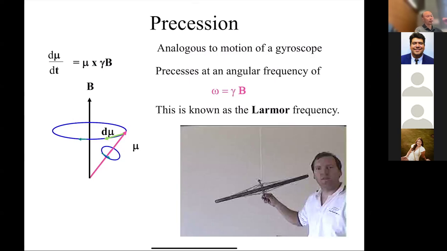It says d mu dt, the change in mu with respect to time, is equal to mu cross product with gamma B. So I have B this way, and I have mu pointing this way, let's say. The cross product is going to be pointing this way, perpendicular to this, so it's going to make a move this way. But at every point, that cross product is going to change, and so it's going to make it go in a circle.